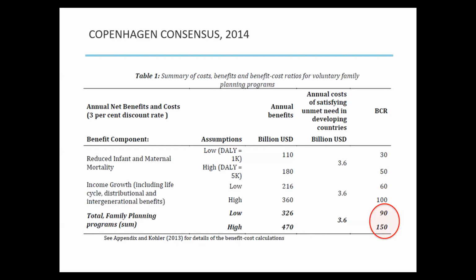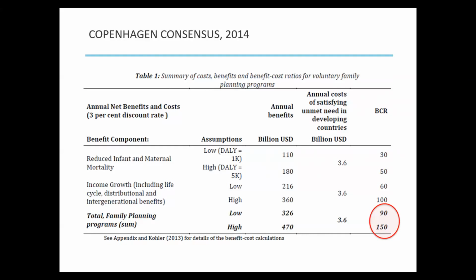And then they looked at what would be the benefits. And they looked at benefits in 2 ways. They looked, 1, at reduced infant and maternal mortality, and then 2, at a longer-term approach like the demographic dividend, what would be the income growth over time.